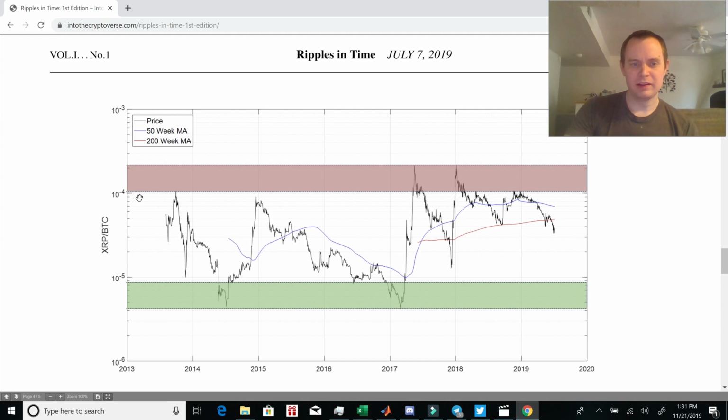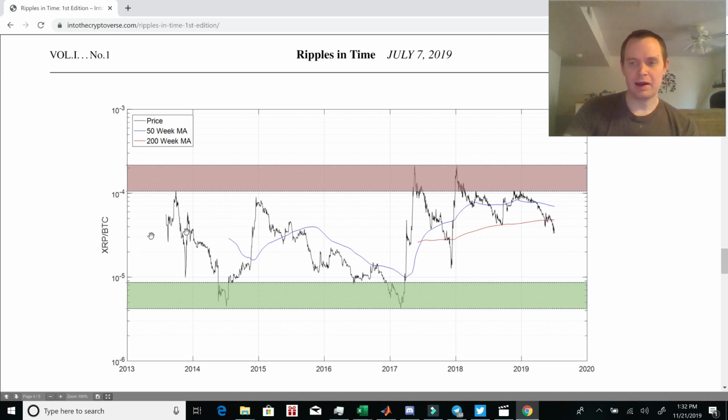But you can see that anytime the price of XRP with respect to Bitcoin reached 10 to the minus 4 or around this area, it was a great time to start selling, at least to start selling portions and to lock in those profits.